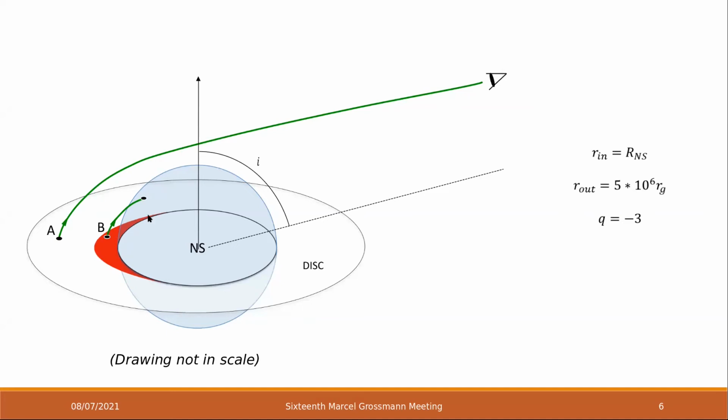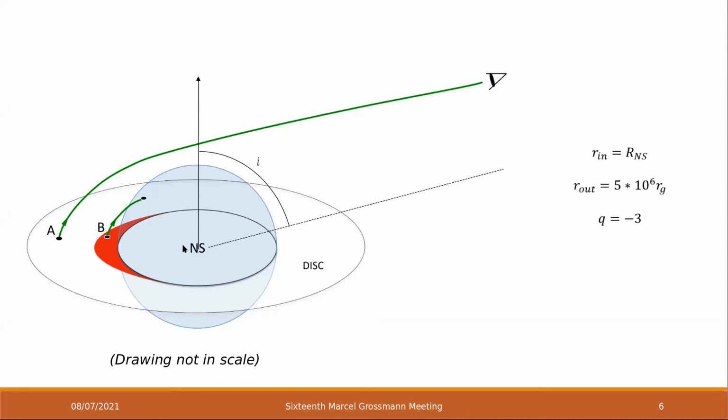This means that a small area behind the neutron star will not be observed, but the fact that this small area is not to be considered when modeling data had never been taken into account before.